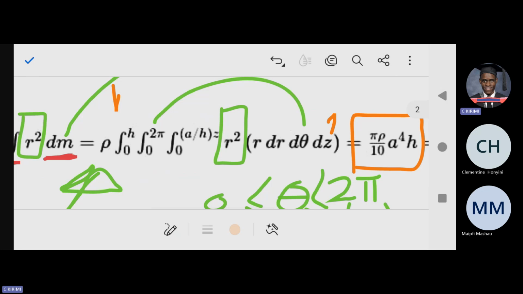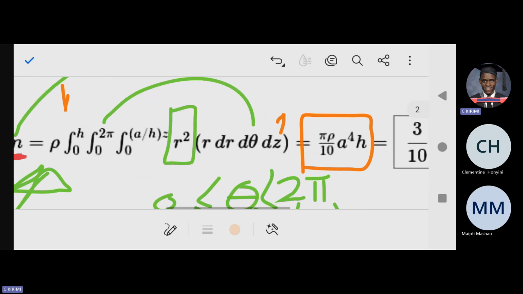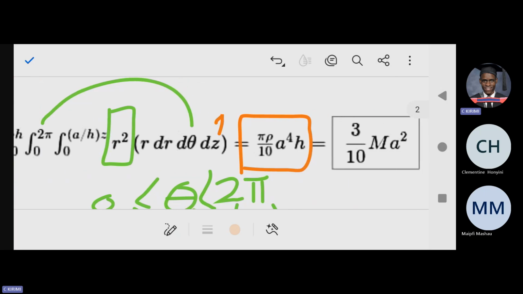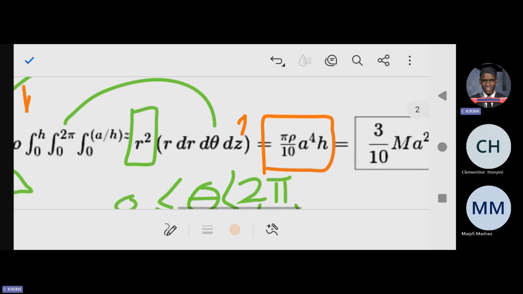Then you substitute the limits, you integrate again the second one with respect to theta, you substitute the limits, then the last one you integrate with respect to z. Then you substitute the limits, which is 0 and h. If you do it correctly, you are supposed to come to here, which is pi multiplied by rho over 10 a to the power 4 times h.